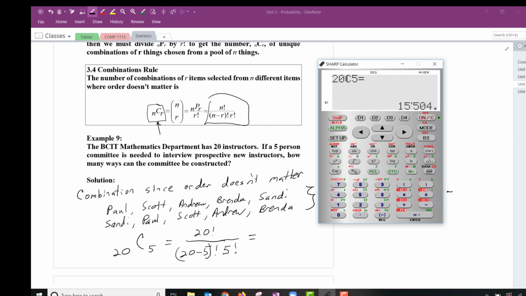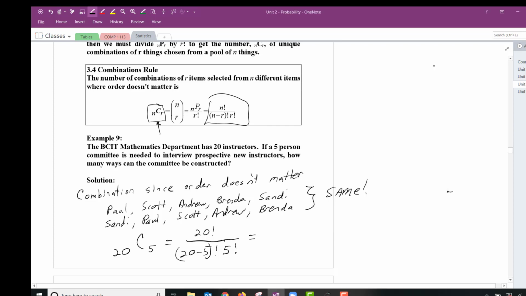It's a big number, rather surprising how big that is. 15,504 different ways of forming a committee of 5 people in the math department. I've been at BCIT a long time, and I've managed to stay off the hiring committee, partially because there are a lot of ways it can occur, and I try to be part of the ones that don't occur.